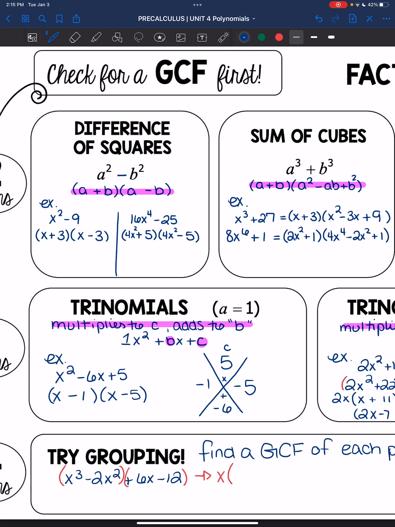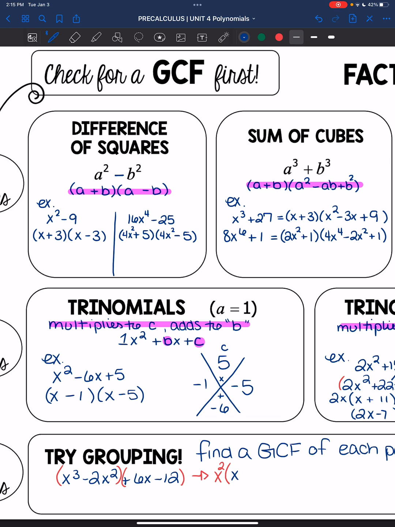And then what's going to stay inside is an x squared, and then minus a 2. Oh, my bad. I can factor out more than that. I can factor out an x squared, and then inside be left with an x minus 2. Whew, that was a close catch.